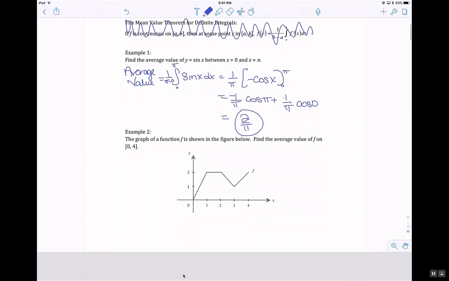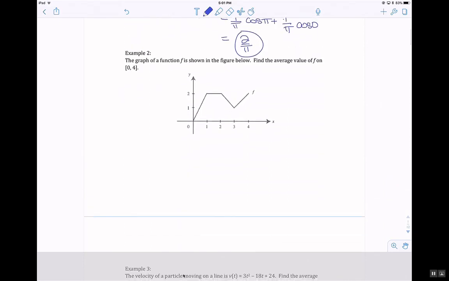Okay. Average value shown over a graph. So my average value is 1 over 4 minus 0, antiderivative from 0 to 4. And I'm looking at all these little regions. So let's see. I can go triangle, rectangle, and two trapezoids.